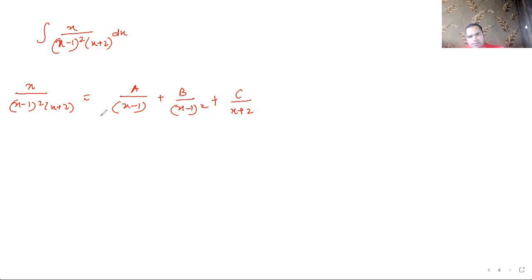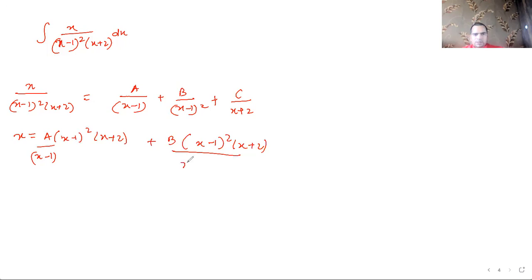Now, if you cross multiply, you get x equals a times x minus 1 the whole square, x plus 2 in the denominator. You basically multiply each term by this: b times x minus 1 the whole square, x plus 2, and also x minus 1 the whole square is here, plus c over x plus 2.